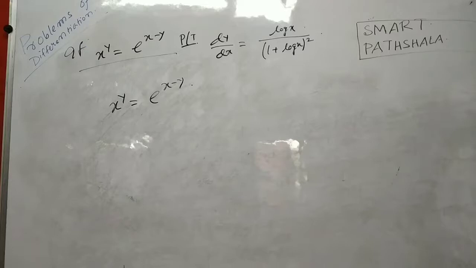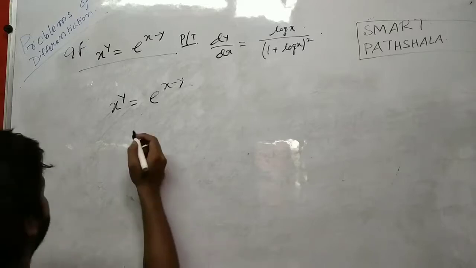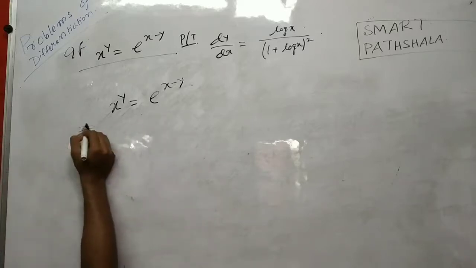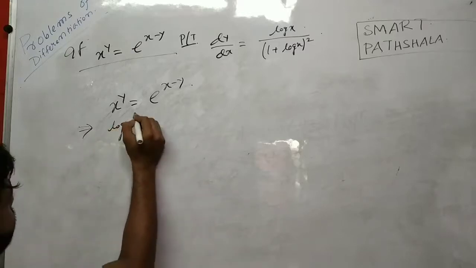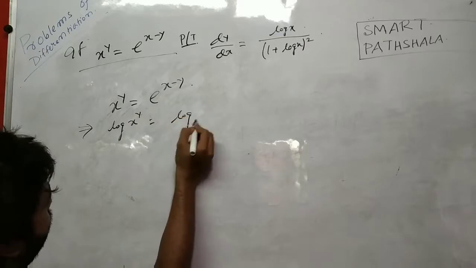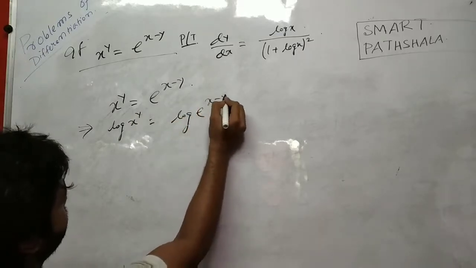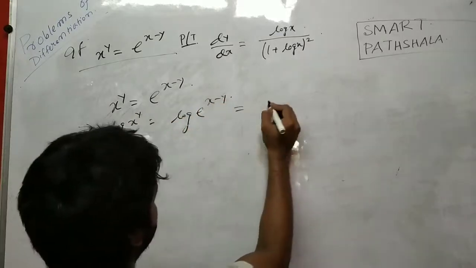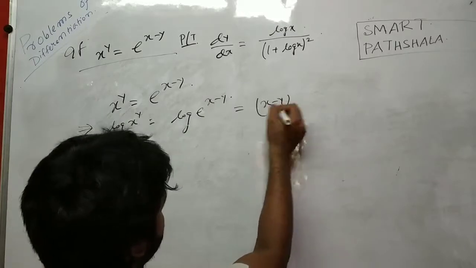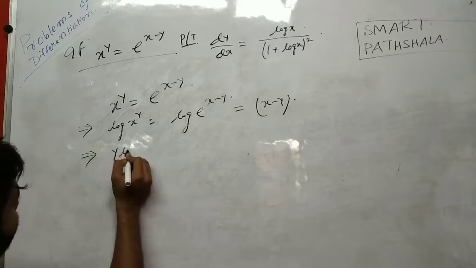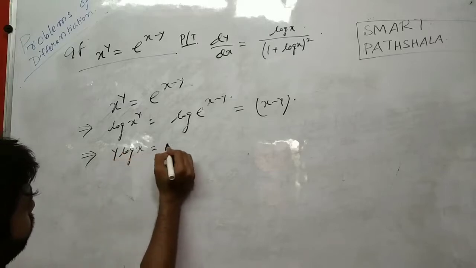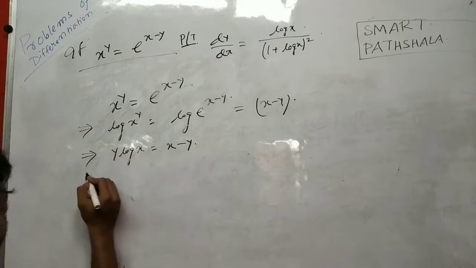Okay, so how actually will we do it? Now take the logarithm on both sides, as we have mentioned in the earlier problem. After taking logarithm, obviously log e to the power x minus y descends into x minus y, and here we will have y log x is equal to x minus y.